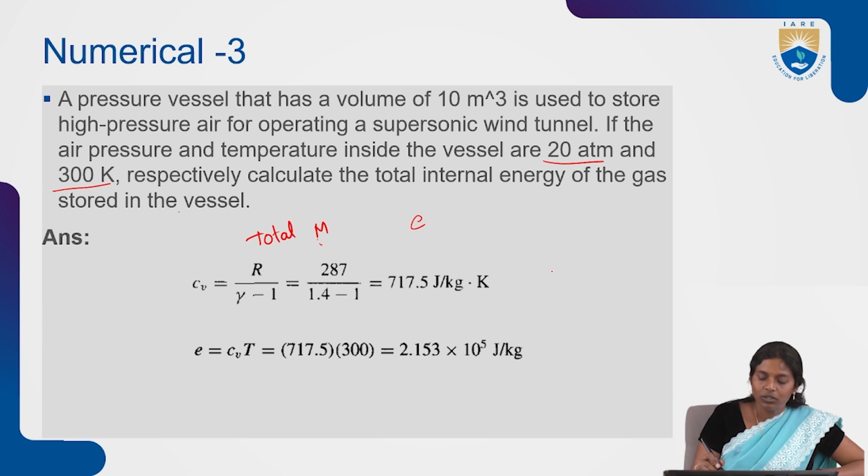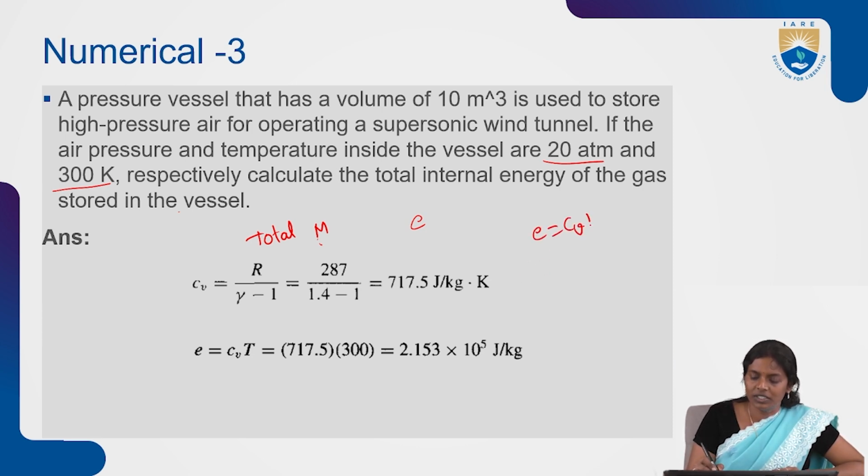Okay. So now what we know? E equal to CvT we know. Now Cv is nothing but R by gamma minus 1. So R is 287, gamma is 1.4 minus 1. So from there Cv equal to 717.5.